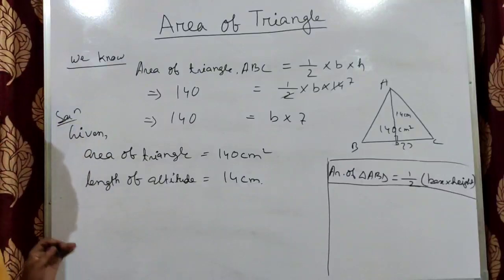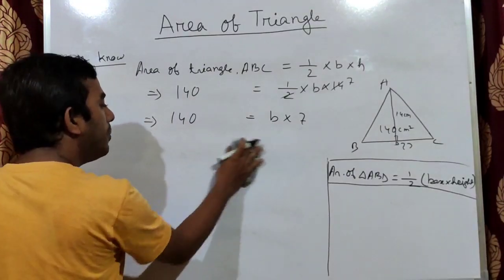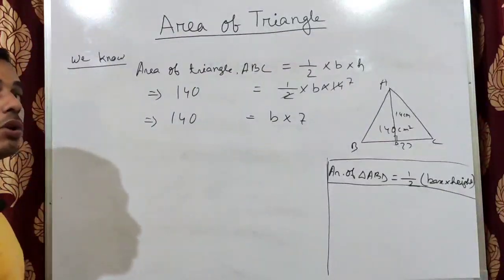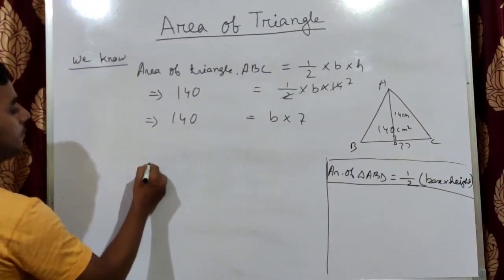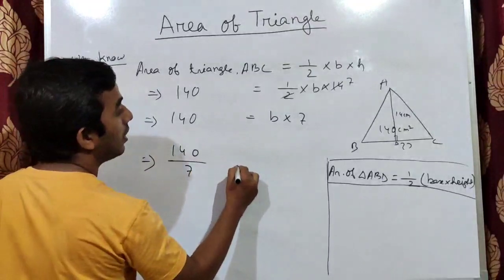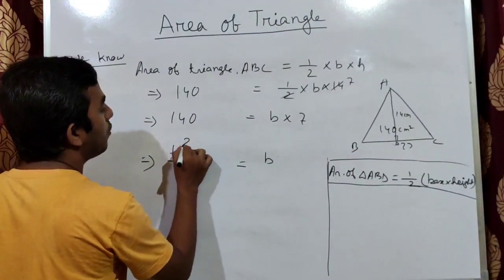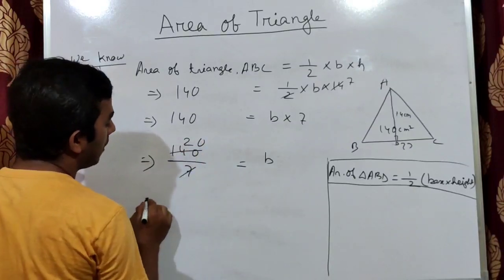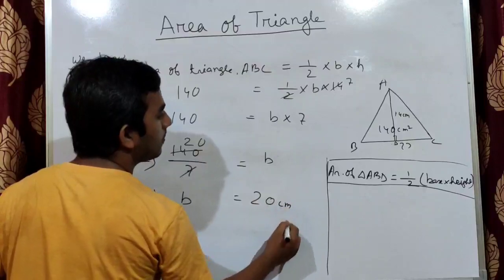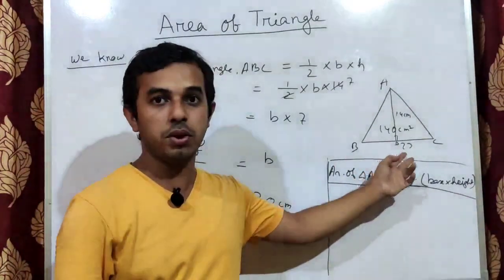Okay. Now again we know that if there is multiplication and we change the side, it becomes division. That means if a number is multiplied and we move that number, it gets divided on the other side. So it will be 140 divided by 7 equals base. Now 7 into 2 is 14, 0 left, 20. That means base equals 20 centimeter. Clear? In the earlier case also we had base 20 centimeter.